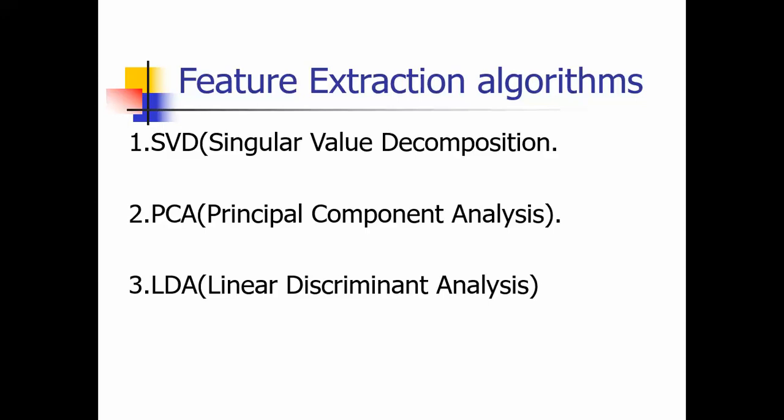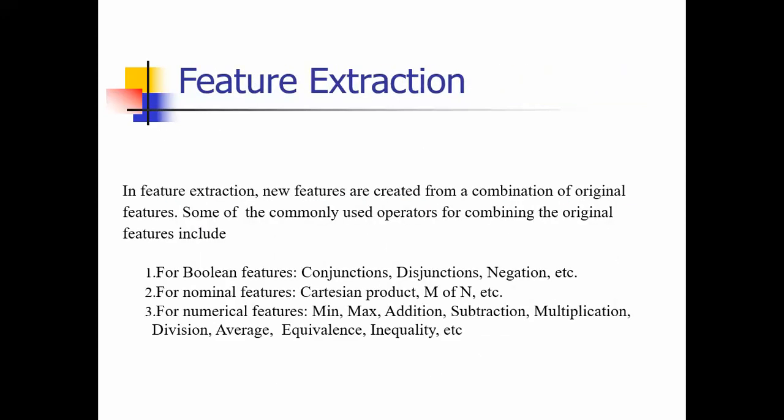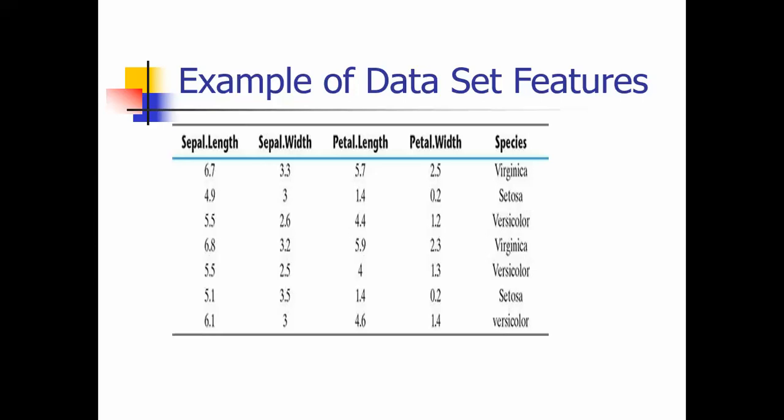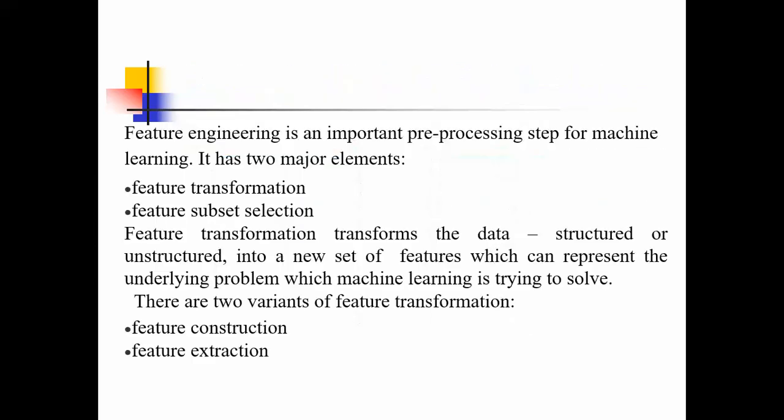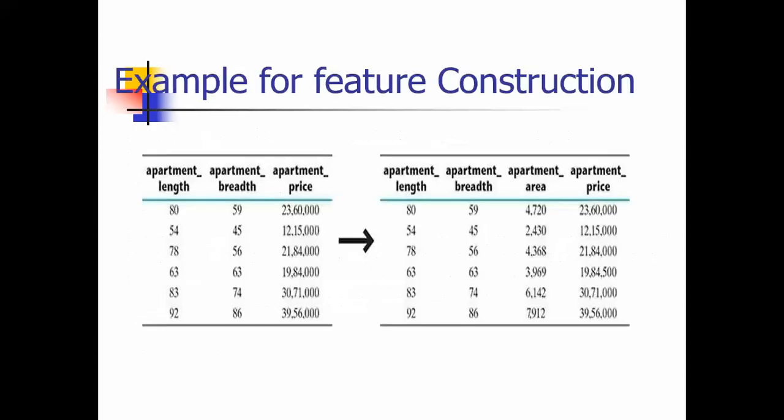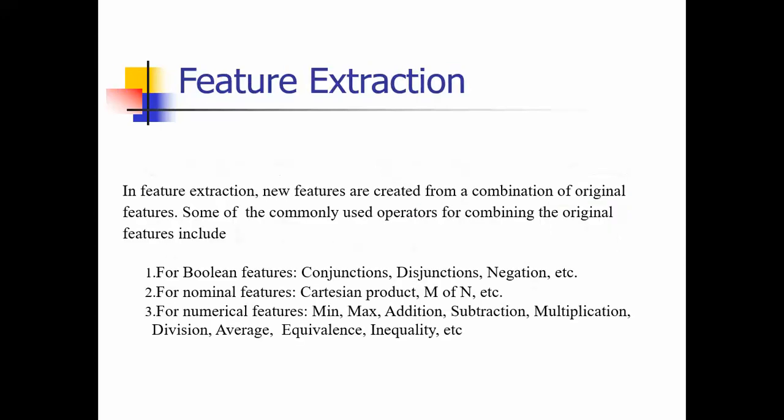I conclude the section with what a feature is, what the purpose of feature engineering is, how feature transformation and feature subset selection play a major role in improving the quality of the data set, how feature construction takes place in the given data set, and what the role of feature extraction is in generating new features in the data set.